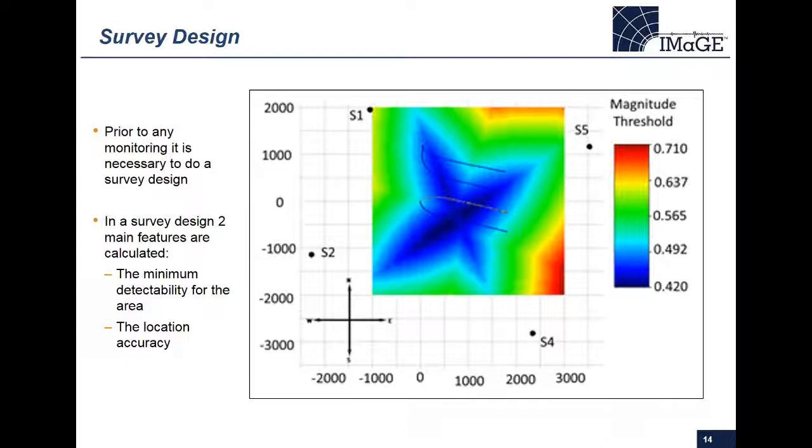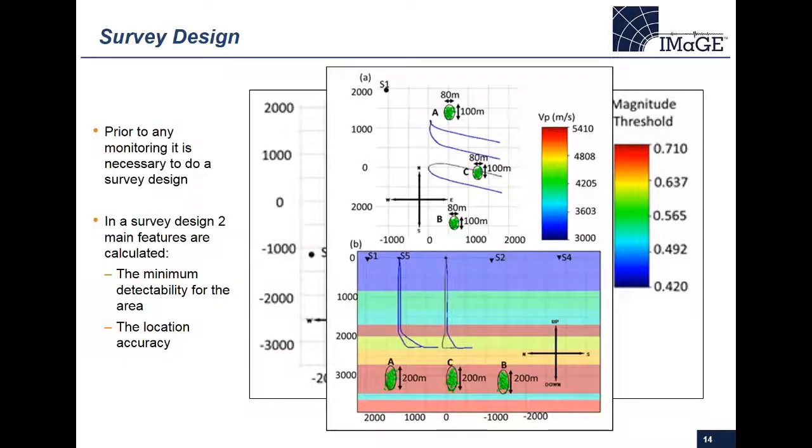So this is one of the 2 features we'll do in a survey design. The other one is we'll run a Monte Carlo simulation to try and assess the location accuracy. And so again, more information about this in the survey design webinar. But what we're looking for is we want all of the events from a Monte Carlo simulation, where we're just varying the picking accuracy and the velocity model accuracy, generally to be located in a small area.